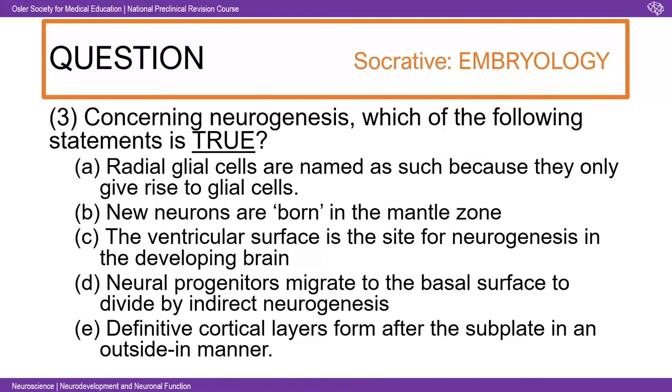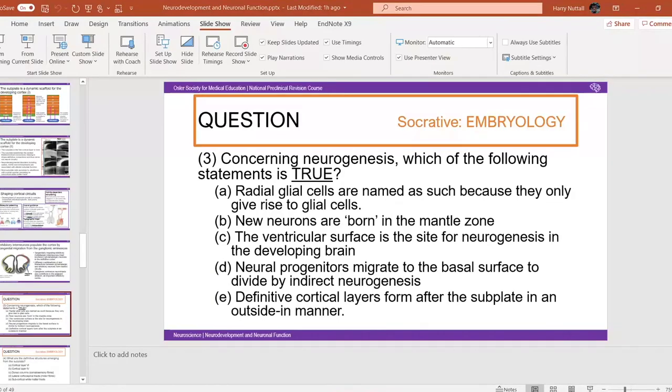All right, so we have a couple more questions. Here we go. Pop over onto Socrative. I'll also leave the slides up here so you can see them. I hope I haven't lost too many of you. Got one answer.